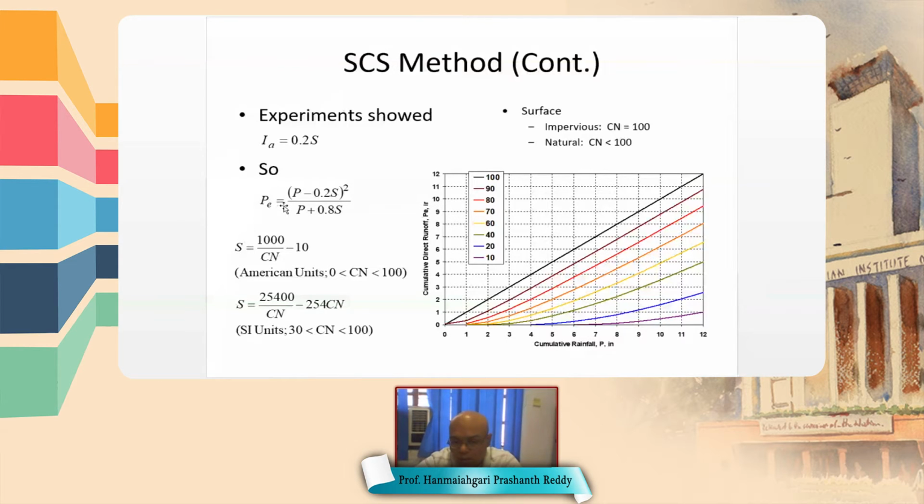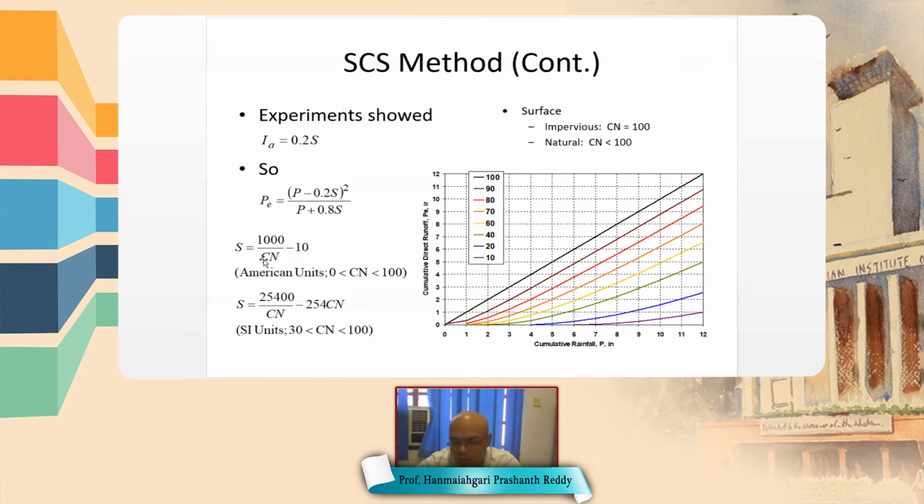Finally they have given this equation: excess rainfall Pe equal to P minus 0.2 S squared divided by P plus 0.8 S. S is the maximum water that can be absorbed by the soil, but this S value is an unknown quantity. We know only the P value. So to compute excess rainfall, we need to calculate this storage value S. The SCS method gives S equal to 1000 by CN minus 10, where CN is the curve number.